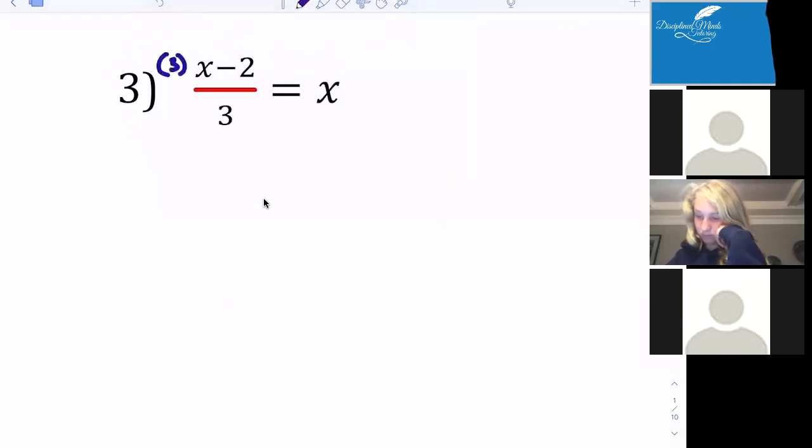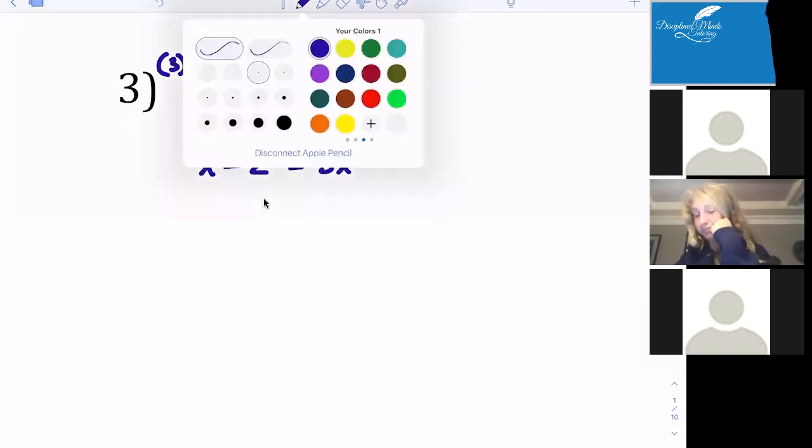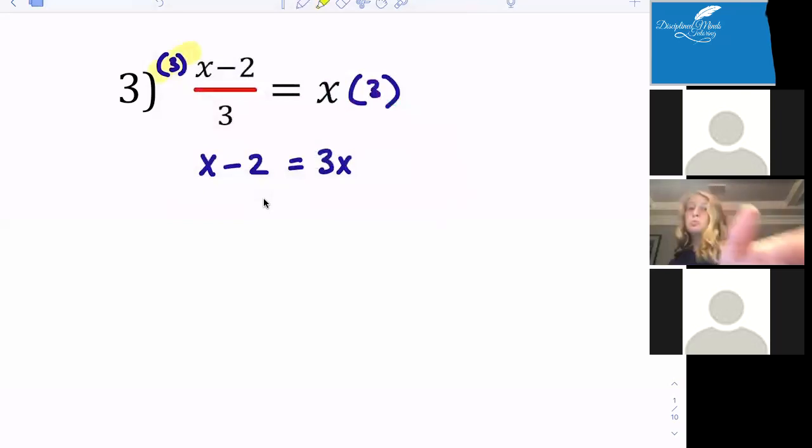Multiply both sides by 3. So now I have x minus 2 equals 3x. Just to review, this positive 3 and that 3 cross out.